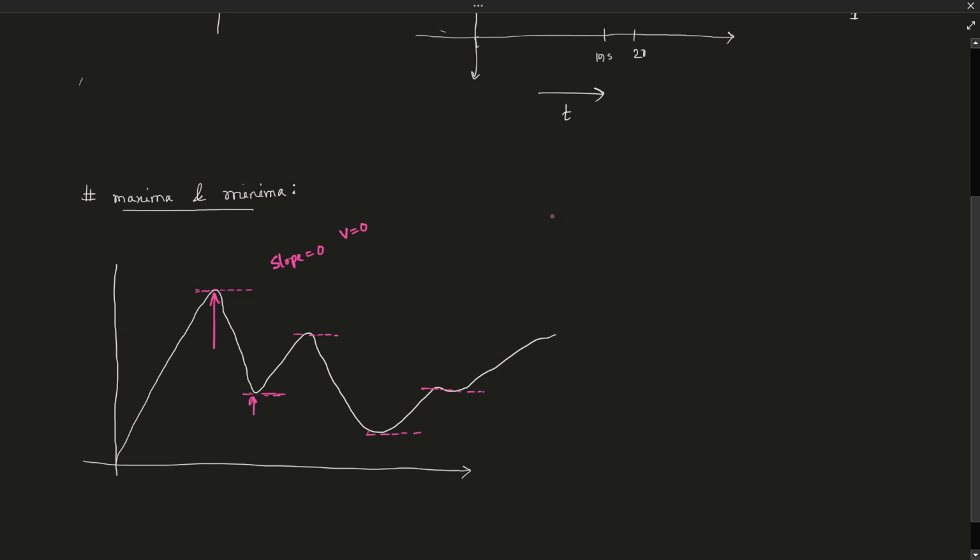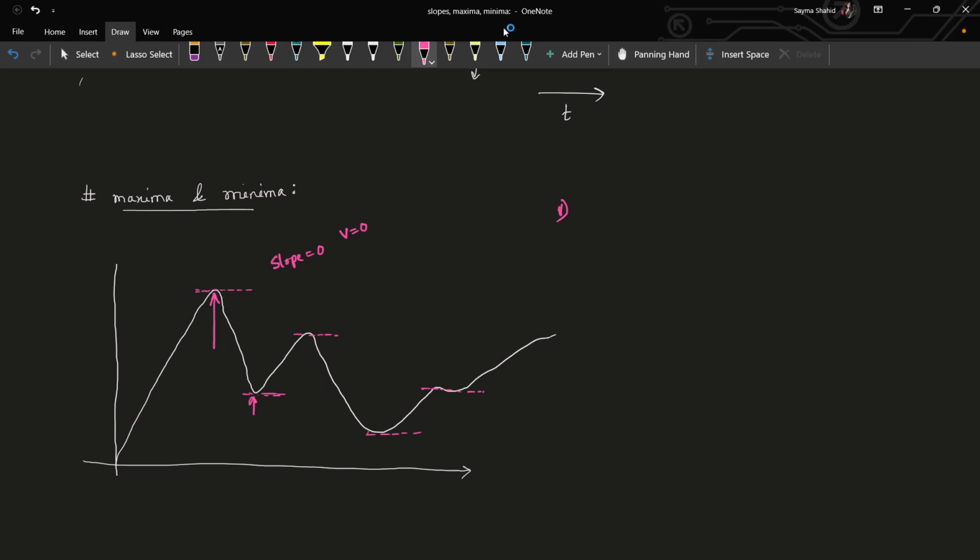So in this given trajectory, where was the velocity of the car zero? Let me write something.